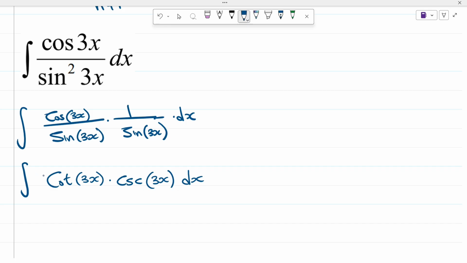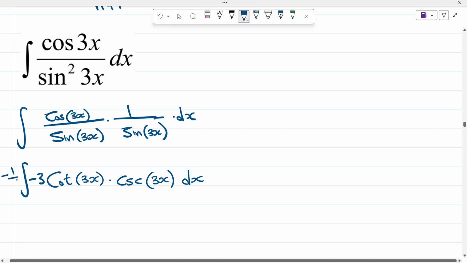So we're supposed to have negative 3 here, but because we didn't have that negative outside here, I have to multiply this by negative 1 over 3 so that I don't change the equation.